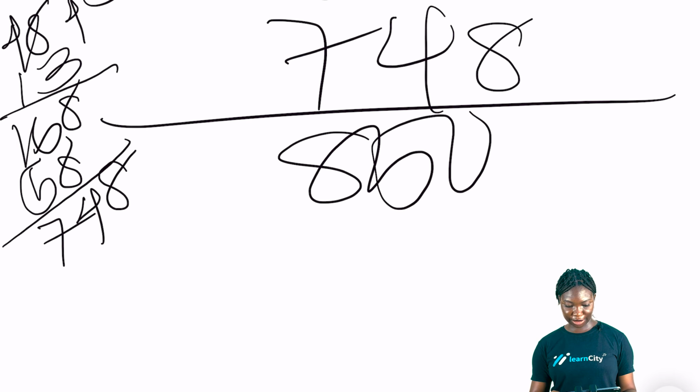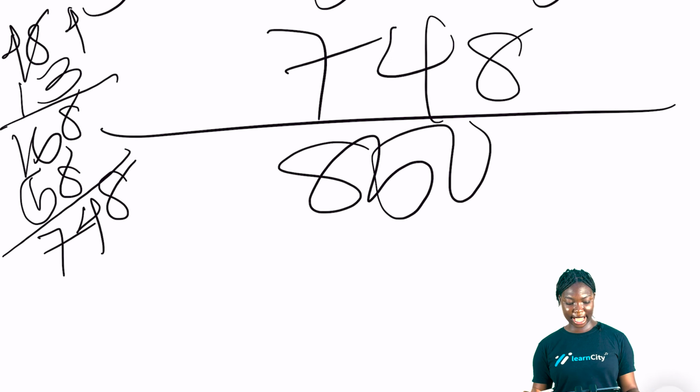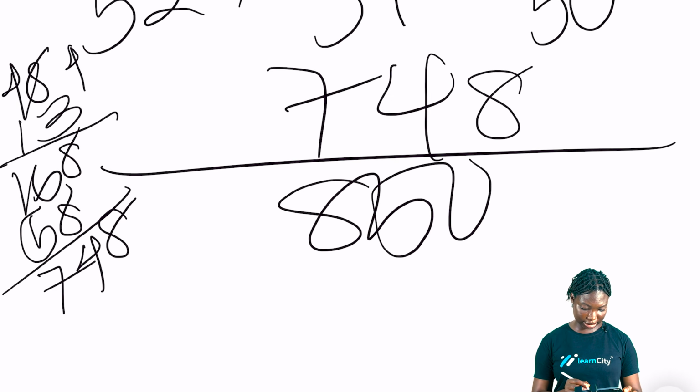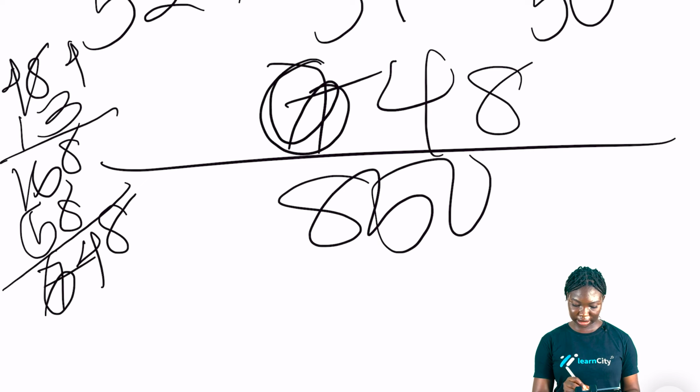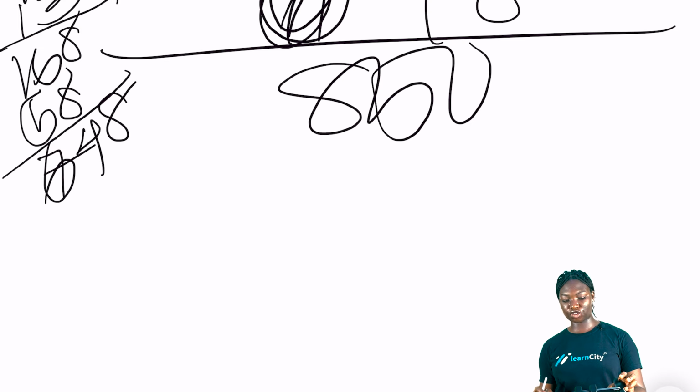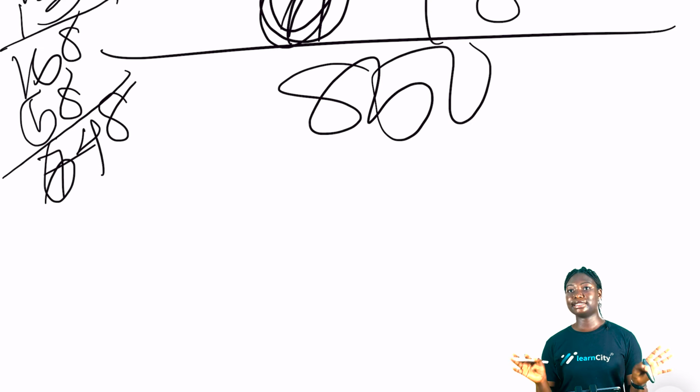We have 748 over 850. So this will be 6, this is 6. We have it to be 648 over 850.